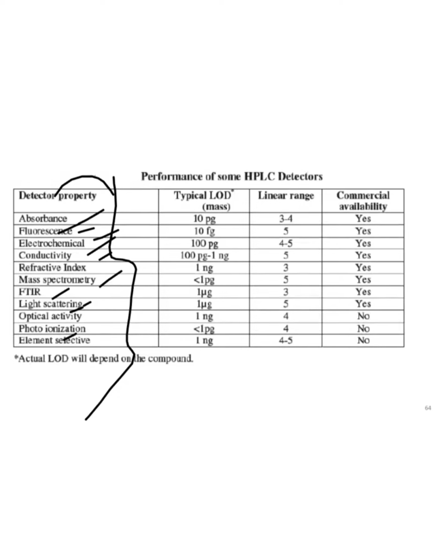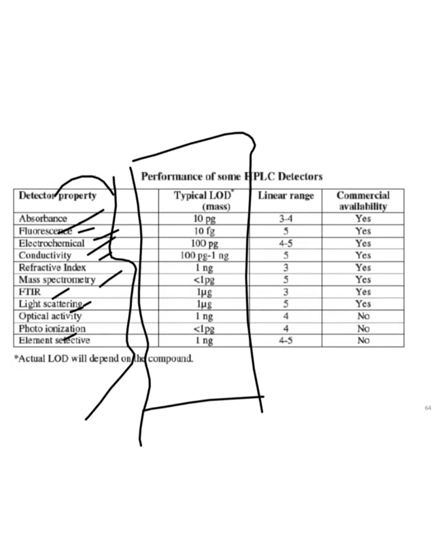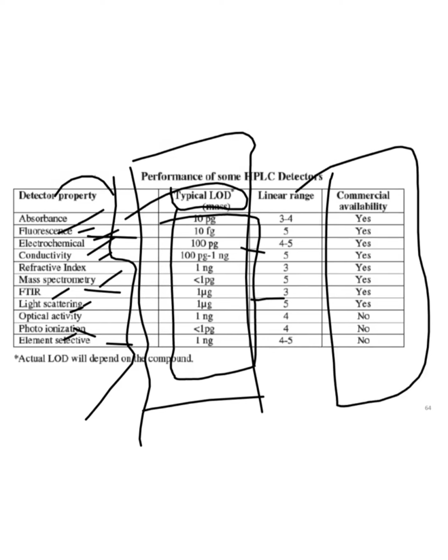This depends on the sample of the system for which we are going to use the detector. So typical LOD, the loss on drying, is how much drying of the sample is done. On that basis we are going to use different detectors here. The linear range is given here.